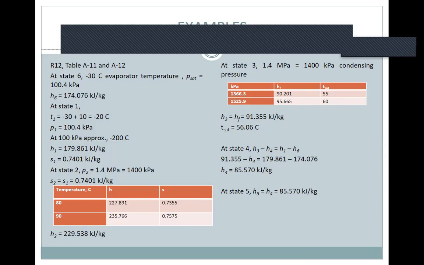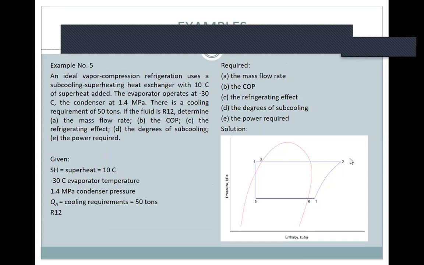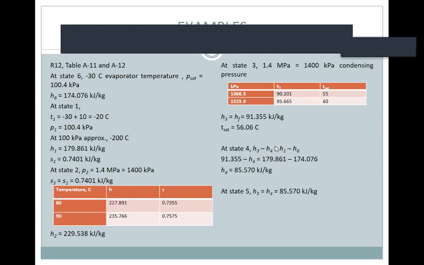At state 4, so H3 minus H4 is equal to H1 minus H6 kasi sa heat exchanger. Diba? Yung change of enthalpy nito saka change of enthalpy niya equal kasi yung flow is equal din. So yan. So makuha mo yung H4.